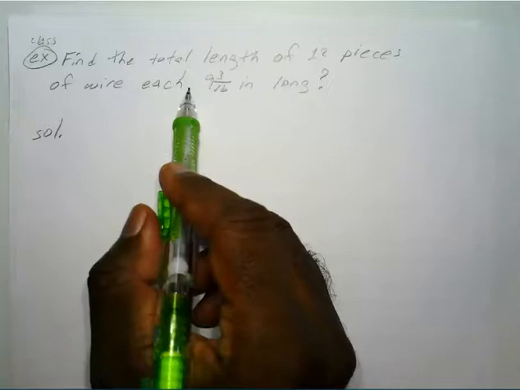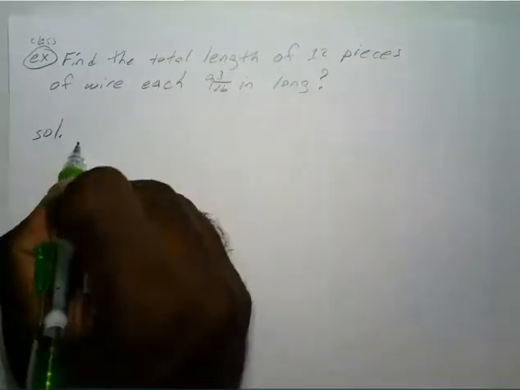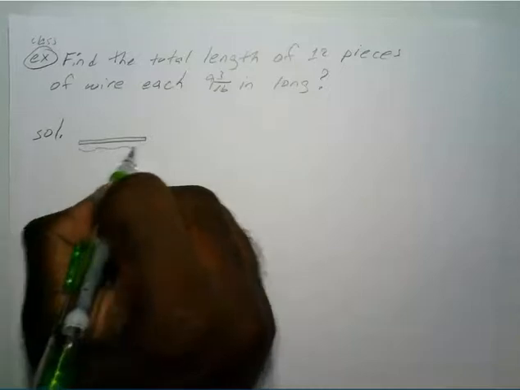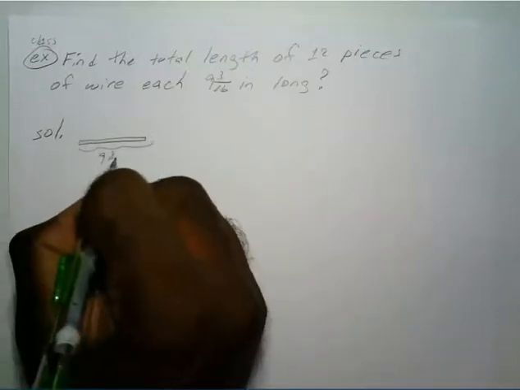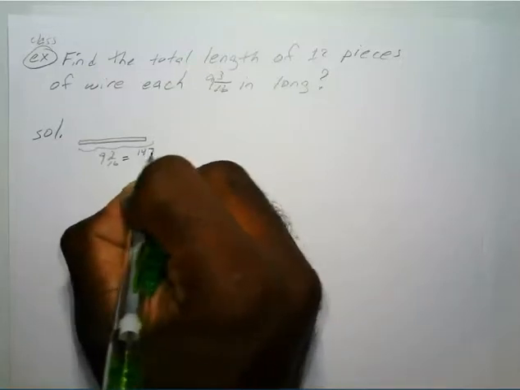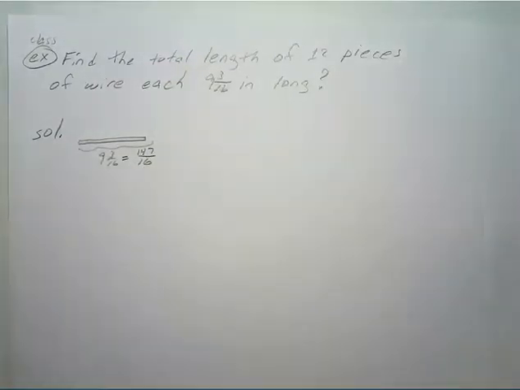If we have a wire that's 9 3/16 inch long, I'll say that's my wire. It's also equal to 147/16 if you convert it to an improper fraction.